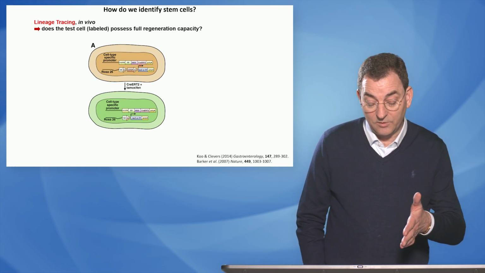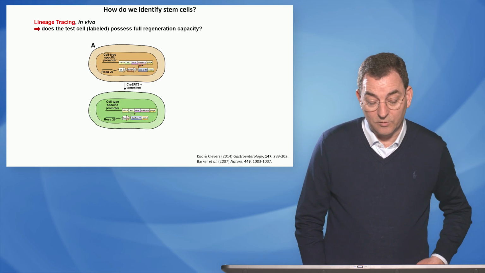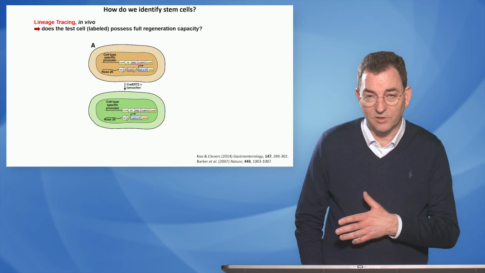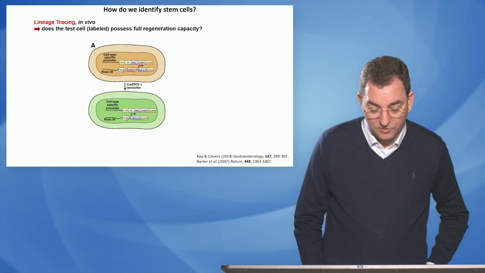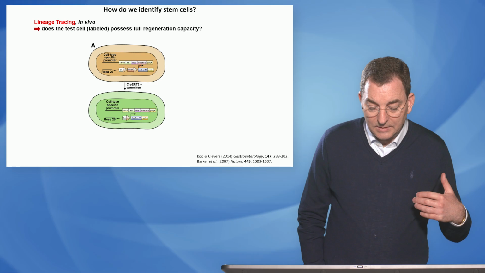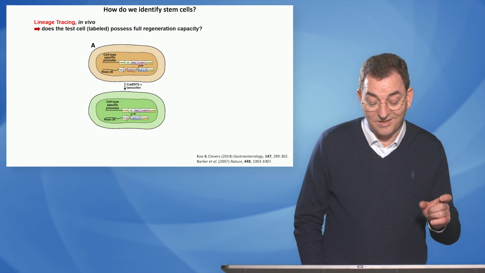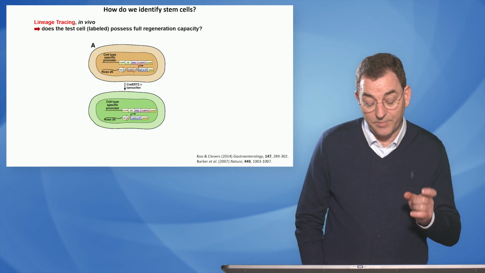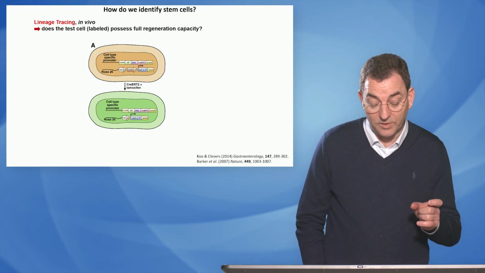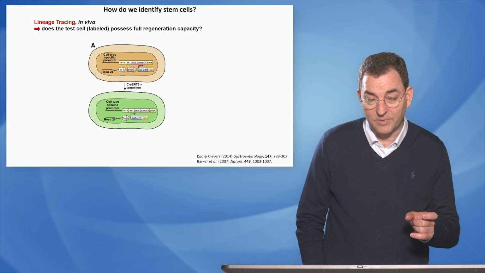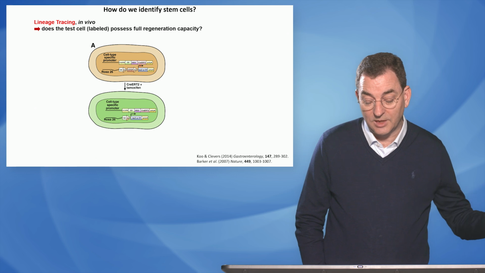So in this case, in the mouse, integrated into the ROSA26 locus, which is constantly being expressed, transcribed, you have two LOX-P sites, which the CRE recombinase can recognize and recombine, and a stop codon in between. So nothing is being expressed as long as the stop codon has not been removed by the recombinase.